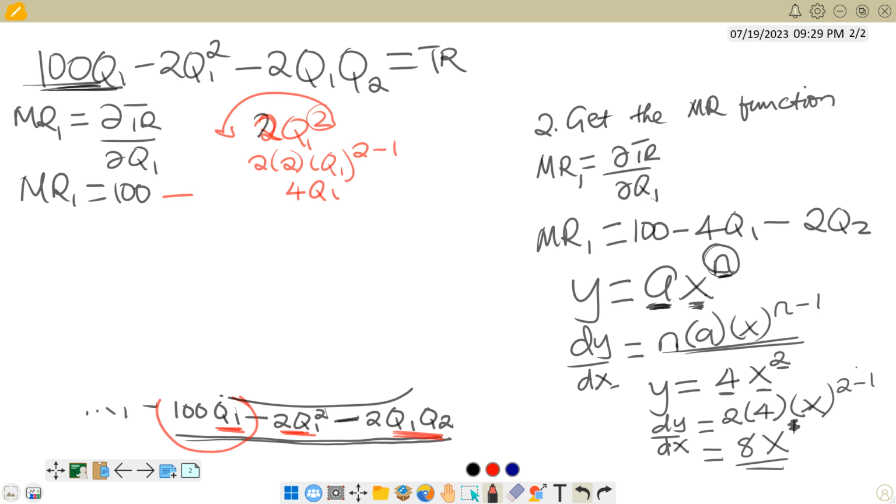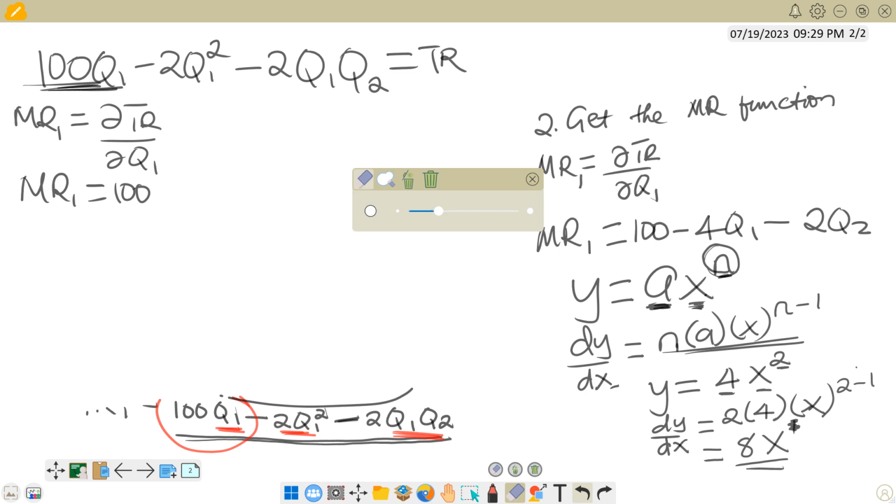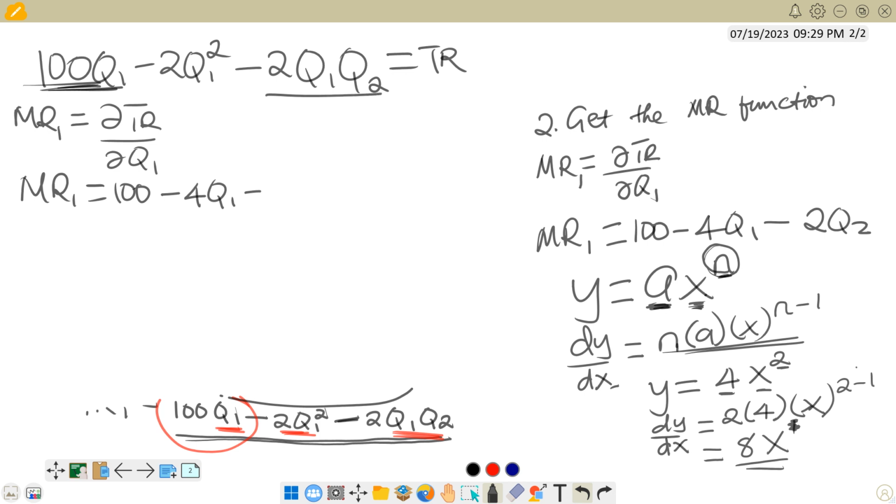So at the end of it all, after differentiating the second term with respect to q1, this is just giving us negative 4q1.